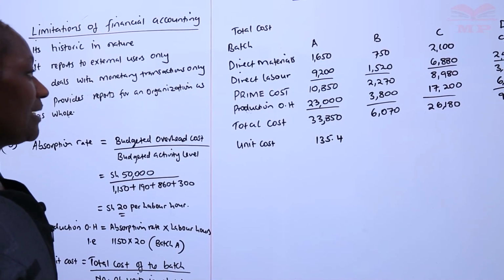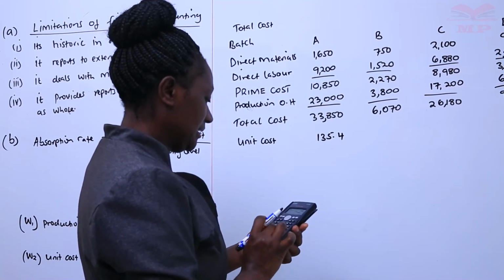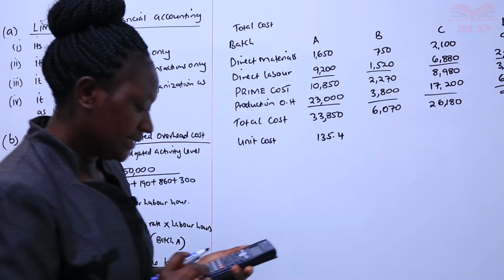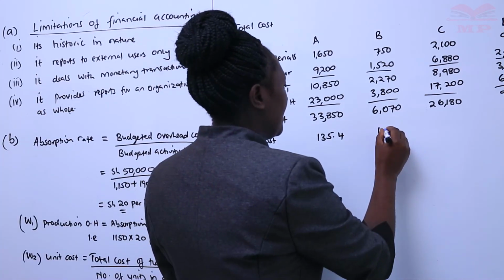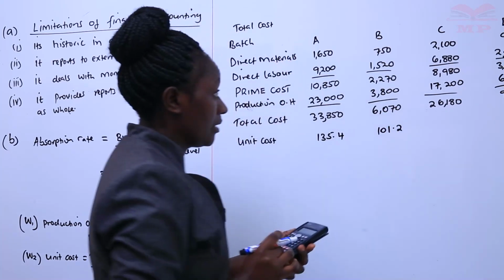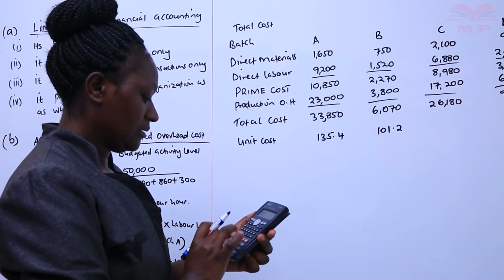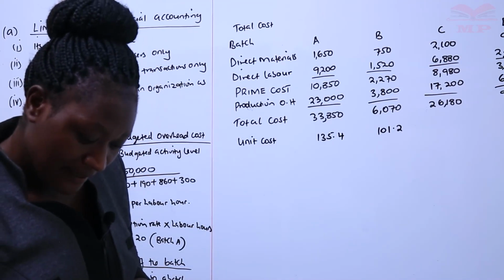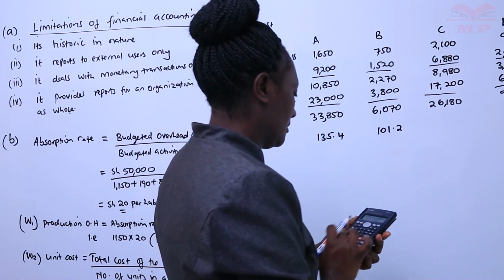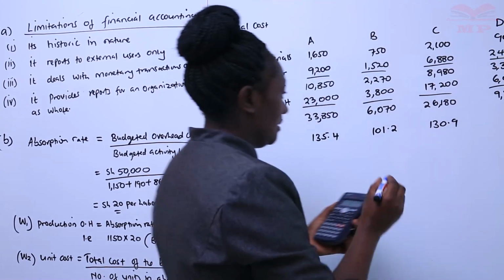You do the same for batch B. The number of units were 60 and the total cost is 6,070. So when you calculate this, you will get 101.2. For C, it will be 26,180 divided by 200 units, which will be 130.9.